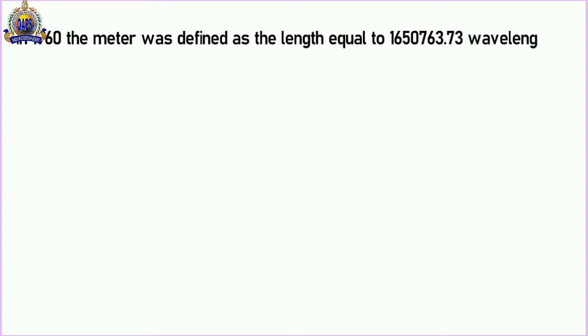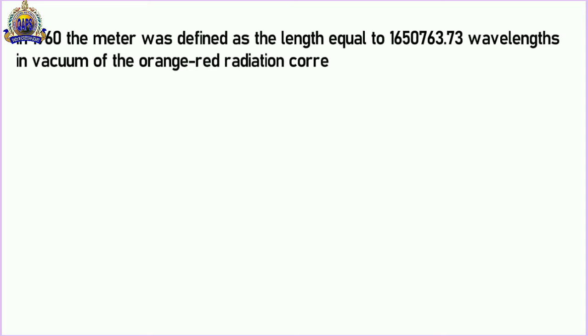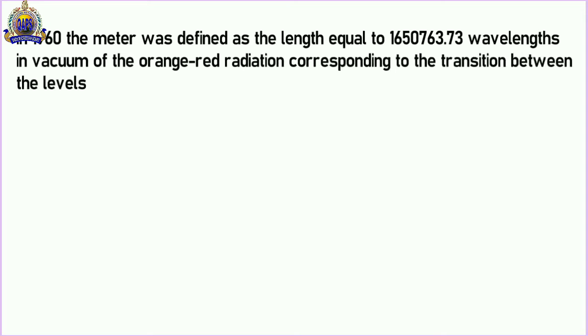Now in 1960 the meter was again defined as equal to 1650763.73 wavelengths. Keep in your mind that the standard of the meter, like the scale, remained the same, but they came to the atomic standard.